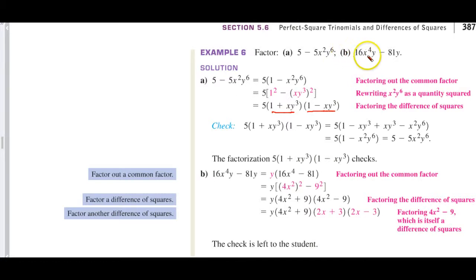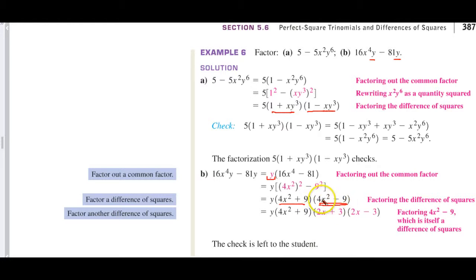This is a perfect square. Can you see there's a common factor of y there that they will factor out right over there? Then you get the difference of perfect squares. So you factor that into its conjugate. But notice this second one here that I've put a second line under.